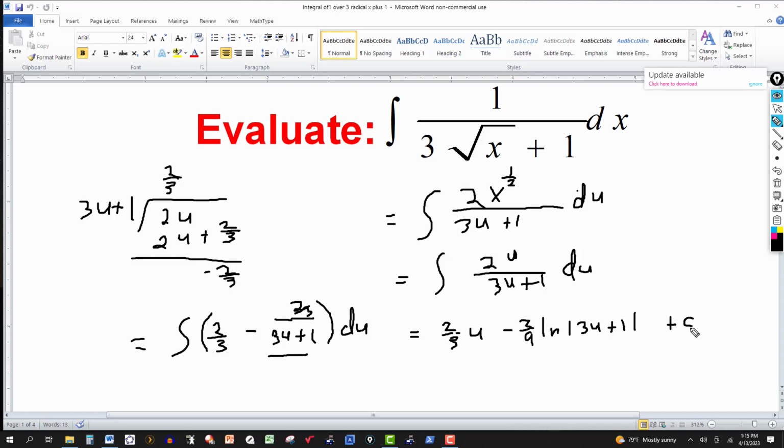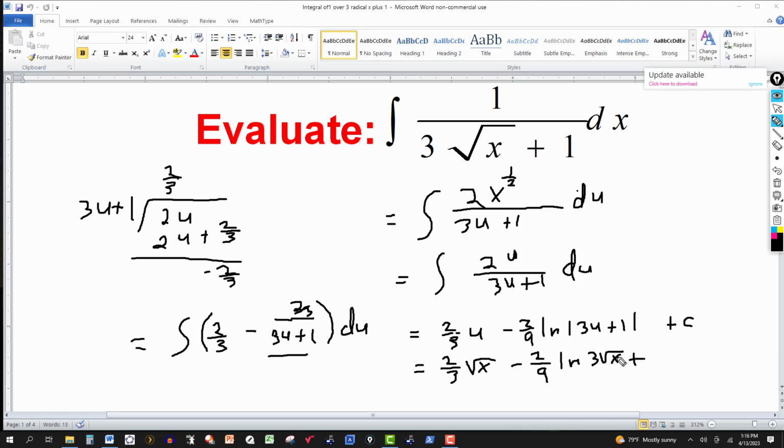And we're pretty much finished with the integration here. It's just a matter of going back to the original variable. So this is equal to 2/3, and then u was the square root of x, the original substitution, minus 2/9 ln of 3, and then u is the square root of x, plus 1.